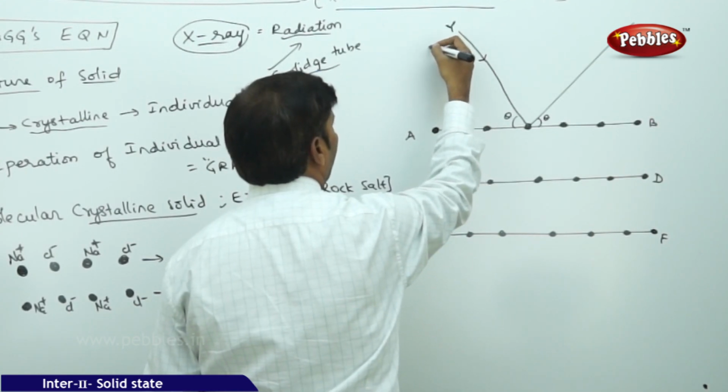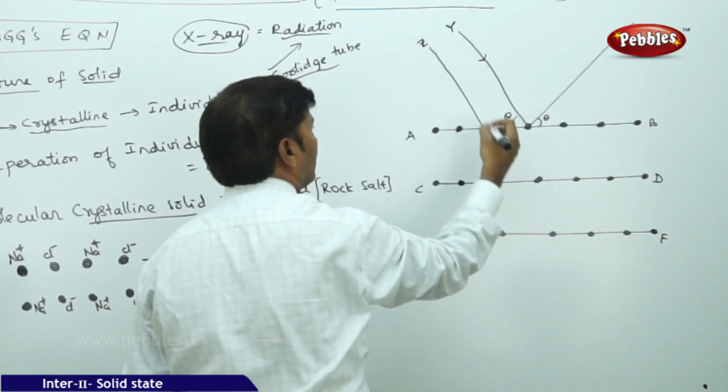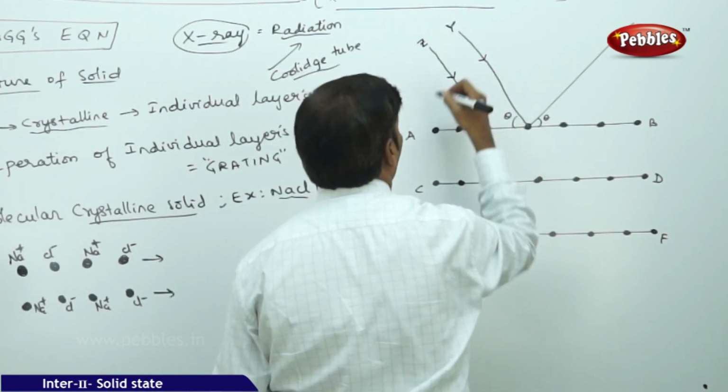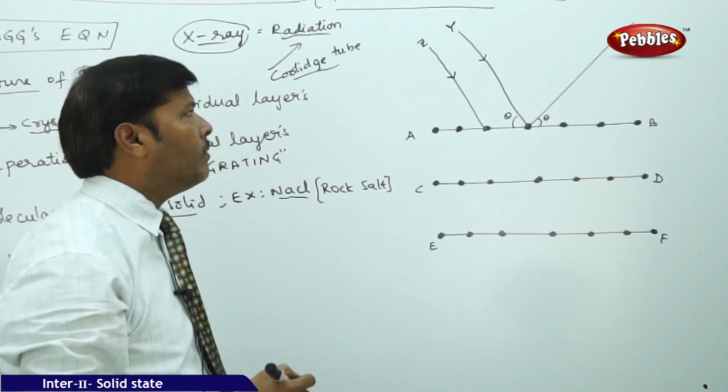In the meantime, imagine there is one more X-ray radiation, Z, coming from a particular source. This is also an X-ray radiation, originating from a certain point.